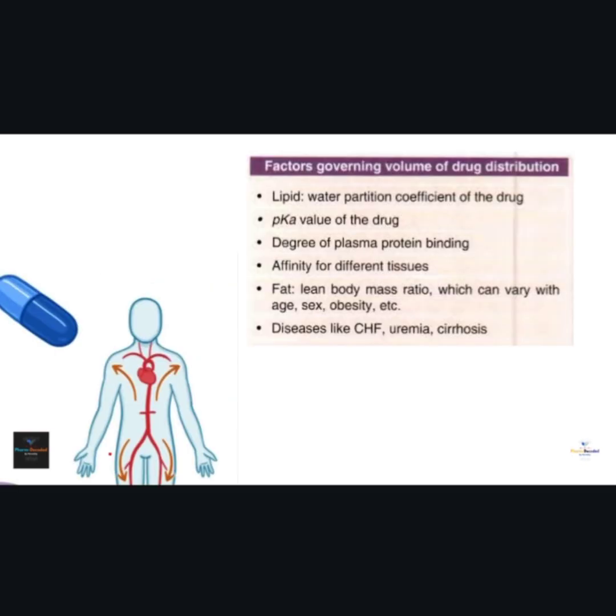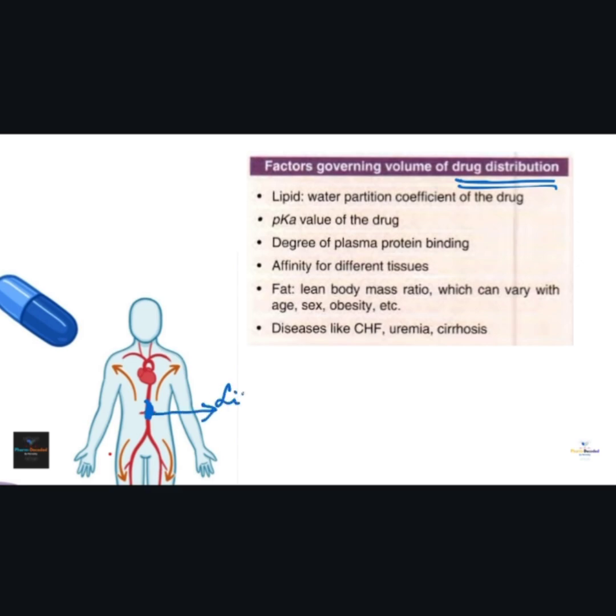Now, coming to the factors governing the volume of distribution. Factors governing volume of distribution are the same as factors affecting the drug distribution. We know that in order for the drug to get distributed, it has to pass this barrier, the blood barrier in the blood vessel. So this depends upon two factors.